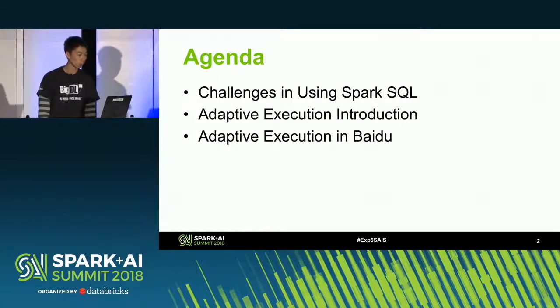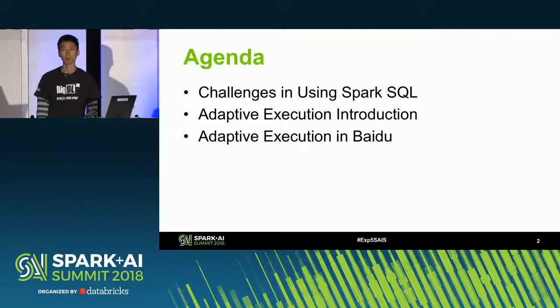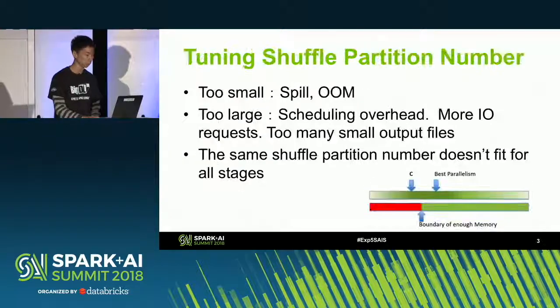Next, I will introduce what adaptive execution is, how it works, and how it can address all the challenges we have been facing. Finally, Yuanjian will introduce their experience of using Spark and adaptive execution. All right, let's get started.